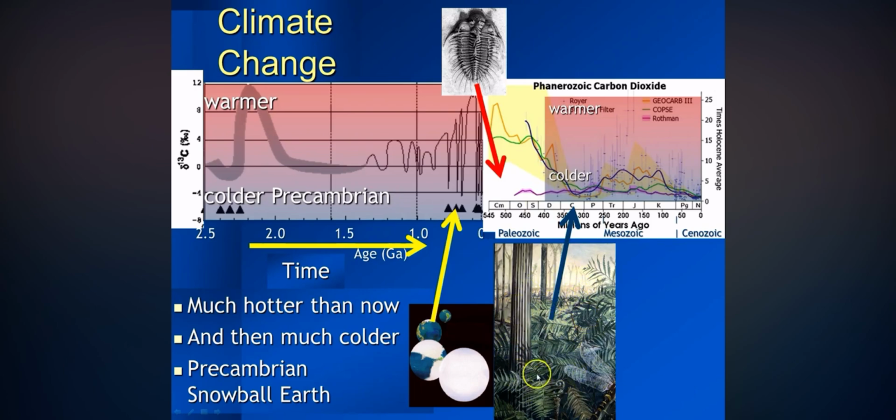So here we have forest. The first forests to grow existed in the Carboniferous, and they extracted so much carbon dioxide out of the atmosphere and deposited it in the ground. There weren't things to cause that carbon to decay because they hadn't evolved yet. They weren't used to eating forests.